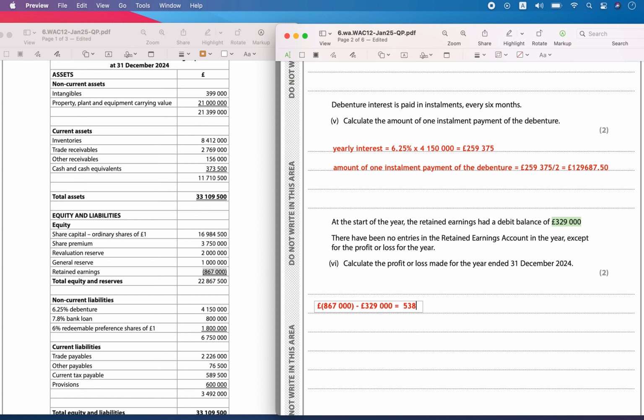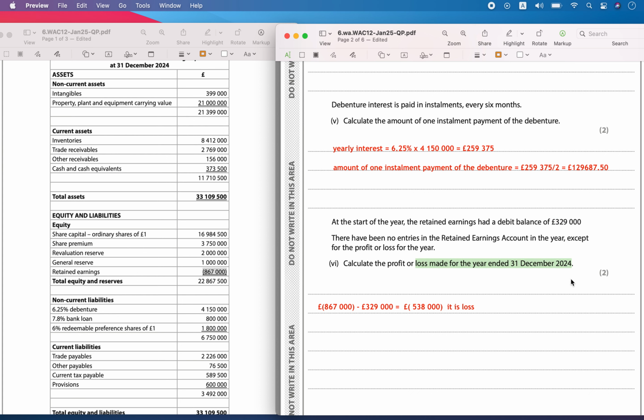That is equal to 538,000, and it is a negative balance. We can see that when we subtract. So this was the loss that was transferred. This means it is a loss that had been transferred.